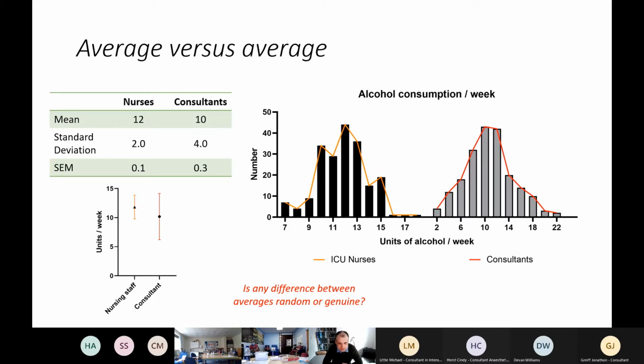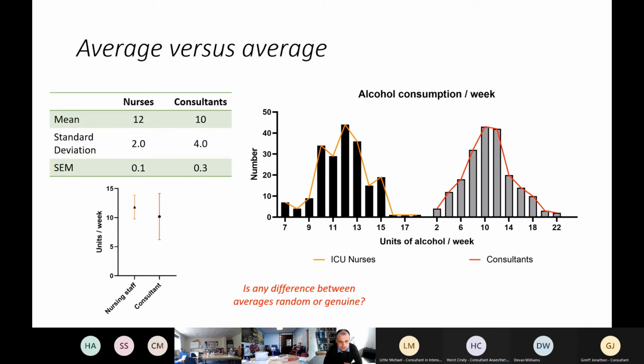So this is a little thought experiment I did, generated some data for. It's just illustrating how we compare averages. So on this slide, we have the alcohol consumption of ICU nurses per week. And on the right hand side, we have alcohol consumption of ICU consultants per week.